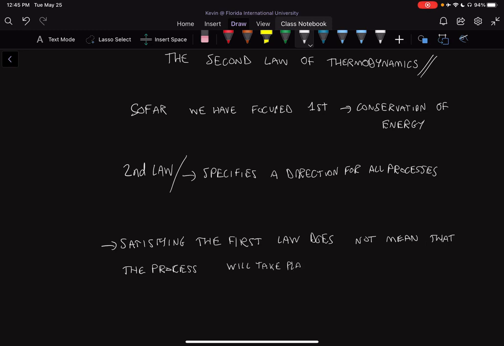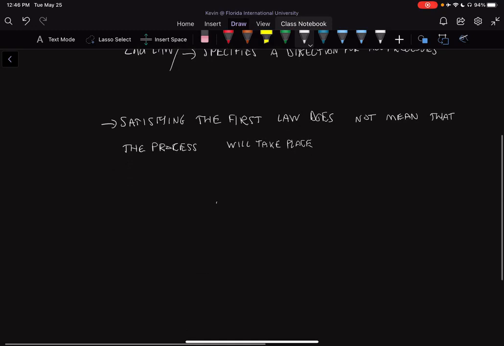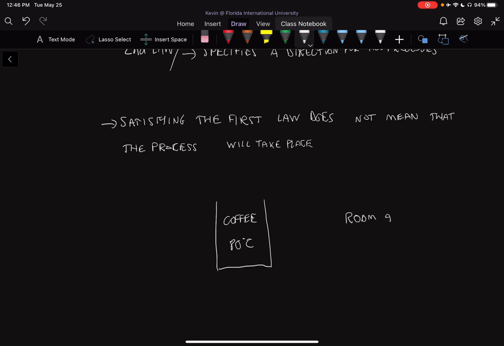So what do we mean by that? Let's look at an example. Let's say we have a cup of hot coffee at 80 degrees Celsius, and we have a room at 20 degrees.